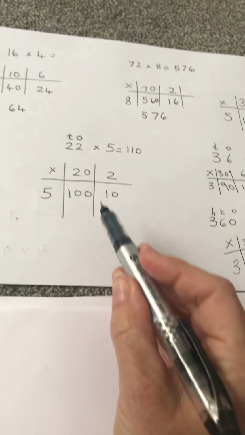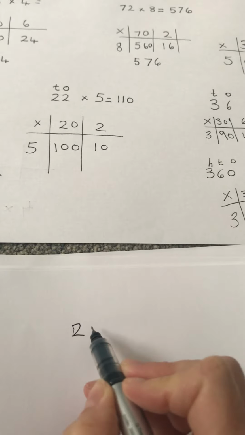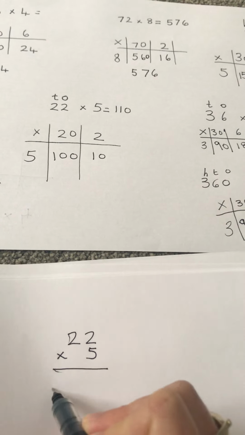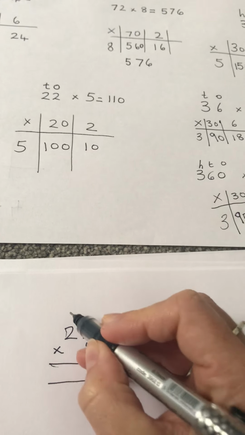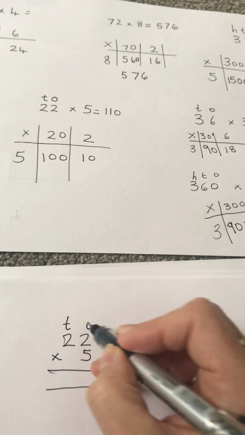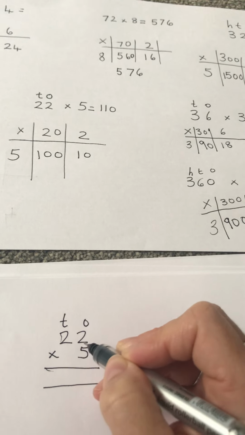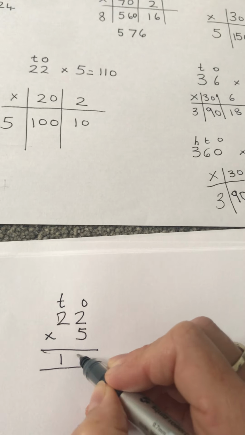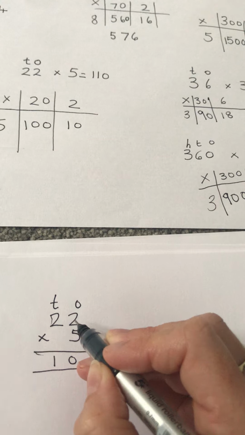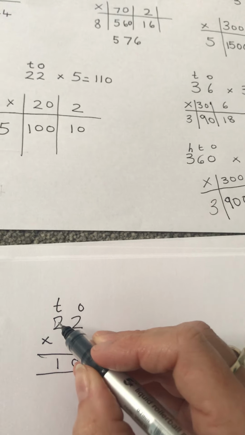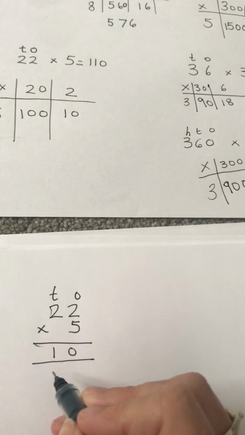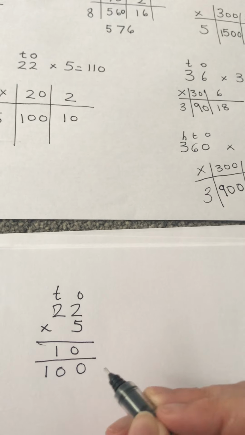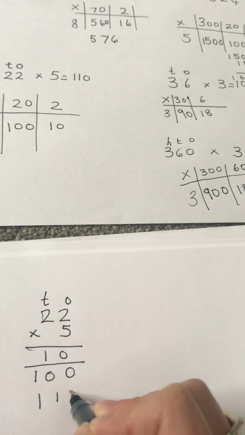So if I wanted to do the 22 times 5 in a column method, I do the same thing, but I do the digits times 5 and then I do the tens times 5. So 2 times 5 is 10, so I've done the ones, and then I'm going to do the tens. 20 times 5 is 100, and then add it together again.